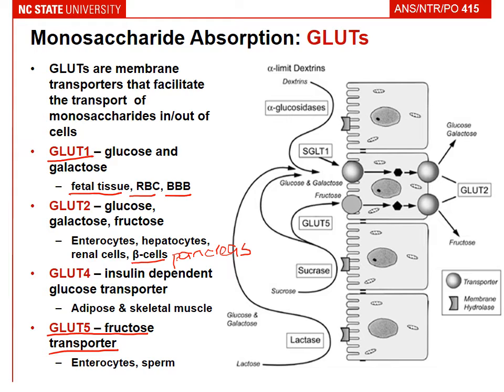And then we have GLUT4, and this is the one that the majority of people think of when they're thinking about glucose, because GLUT4 is insulin dependent. It's an insulin dependent transporter, and it is found on adipose and skeletal muscle.